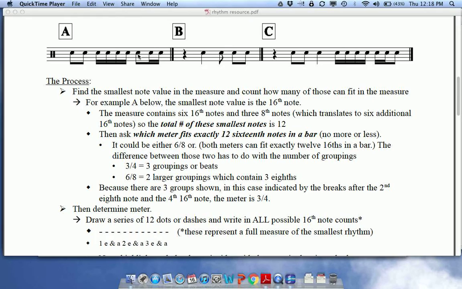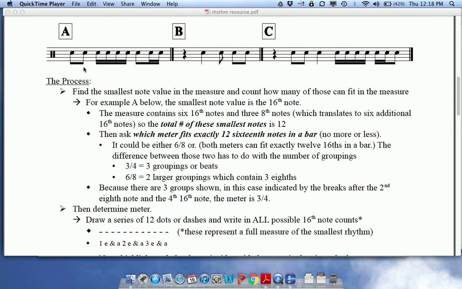All right, well, if you look here, we kind of have 3 groupings. There's here, then there's a division, and then here, there's a division, and then there's here after that last division. So if we have 12 16th notes and we split them into 3, that means 4 16th notes per beat.